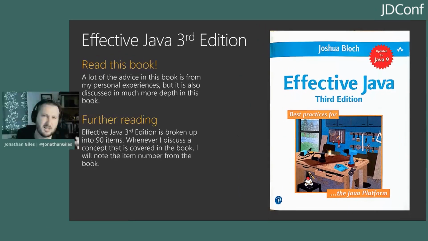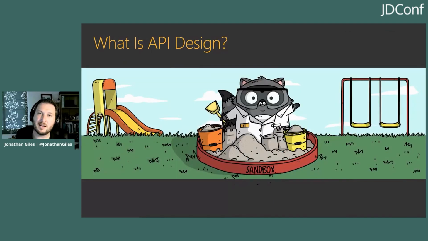So what is API design? Like I said at the beginning, we're talking about API design in the sense of Java classes, types, enumerations, that kind of thing. So the metaphor I like to use sometimes is that it's like a sandpit. And we've turned up to the sandpit and we have a completely blank slate, just like when we turn up to our IDE at the start of the day and there's an empty screen.